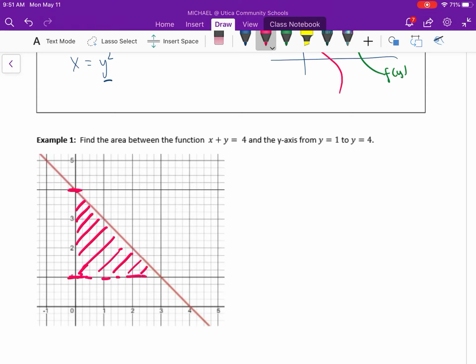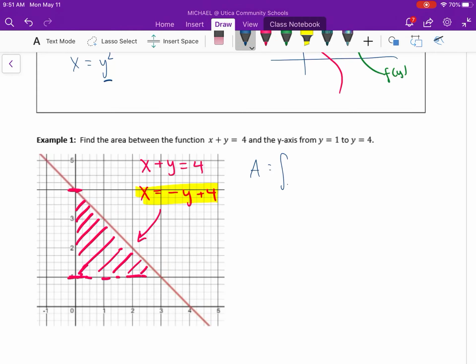Since we're doing things with respect to y, we need to write our equation as x equals something. So instead of x plus y equals 4, we subtract y from both sides, and this equation is going to be x equals negative y plus 4. This is the equation we take the integral of.